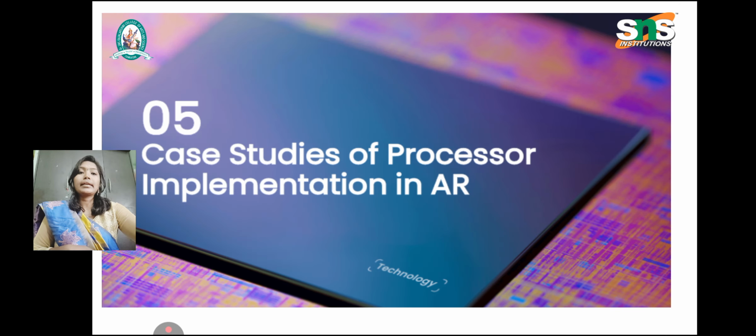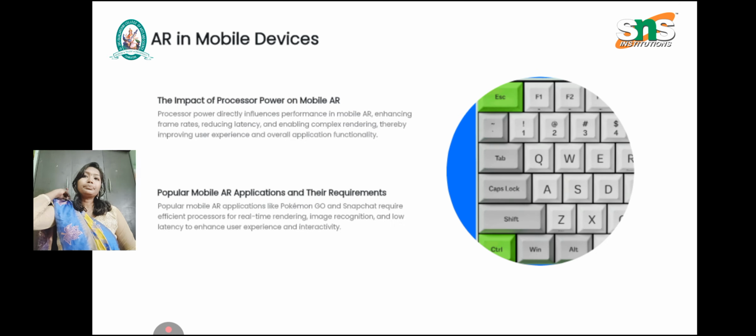Now a case study of processors: heat generation. These are the challenges we focus on with AR processors. There is high heat generation and power consumption, and real time performance is a little slower, because it needs a lot of space and memory to hold the videos, and most probably the device is maintained within limitations.